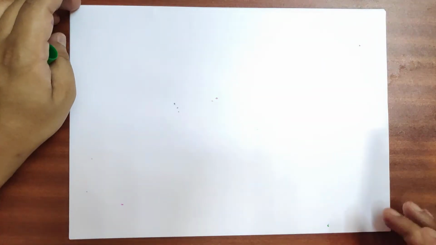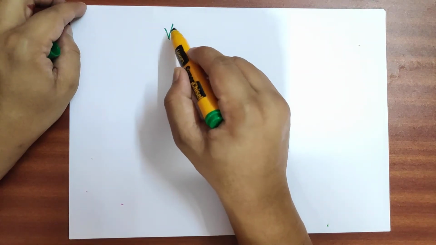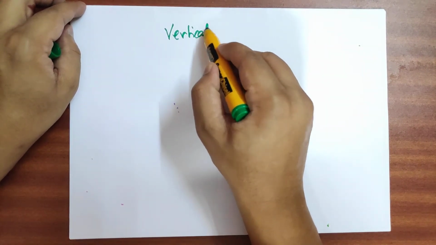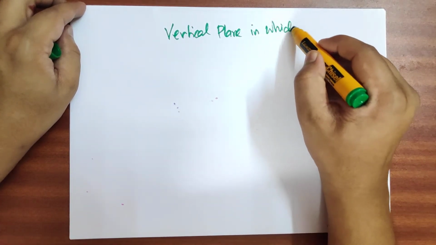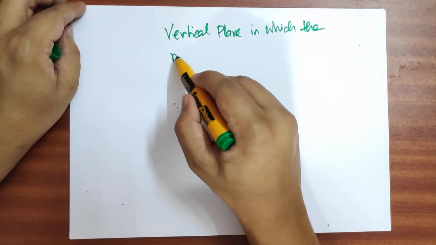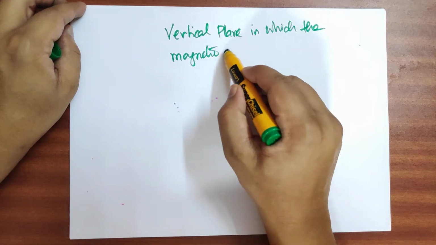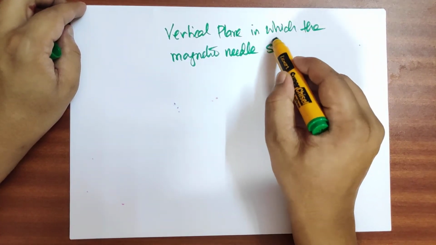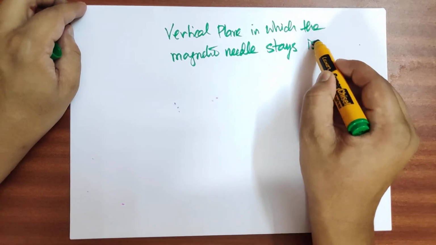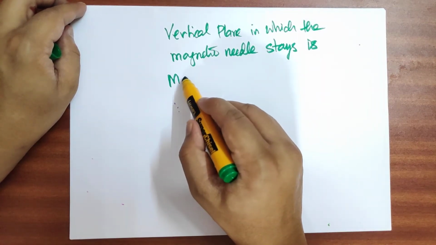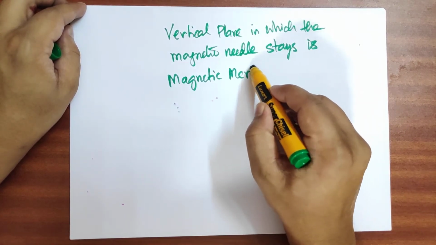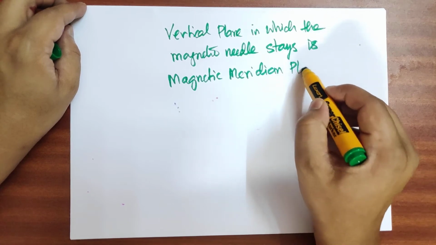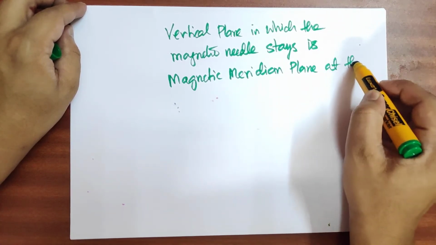This needle chooses its own vertical plane, and the vertical plane in which the magnetic needle stays is known as the magnetic meridian plane at that location.